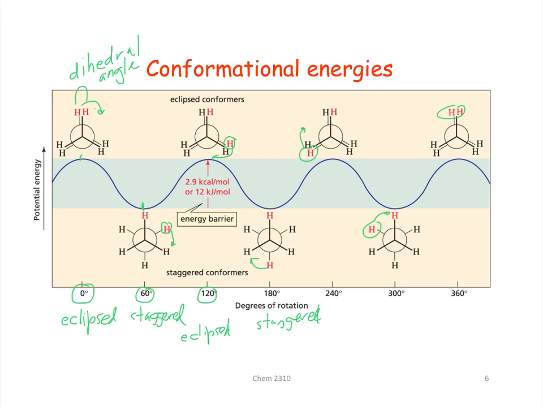All right, so notice we end up kind of with this wave of energies where all of the staggered conformations are lower in energy and all of the eclipsed conformations are higher in energy.